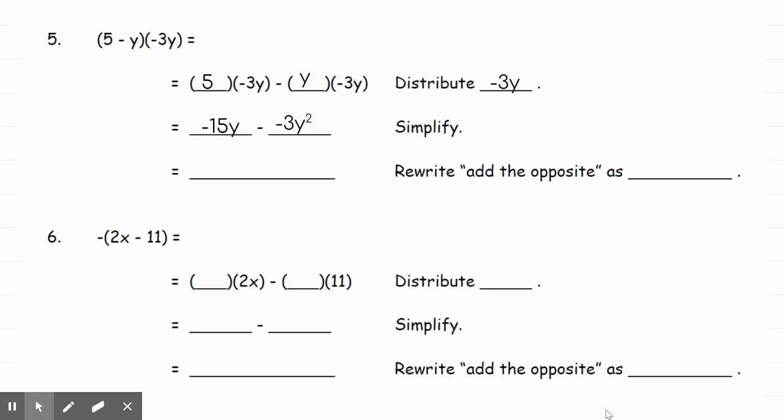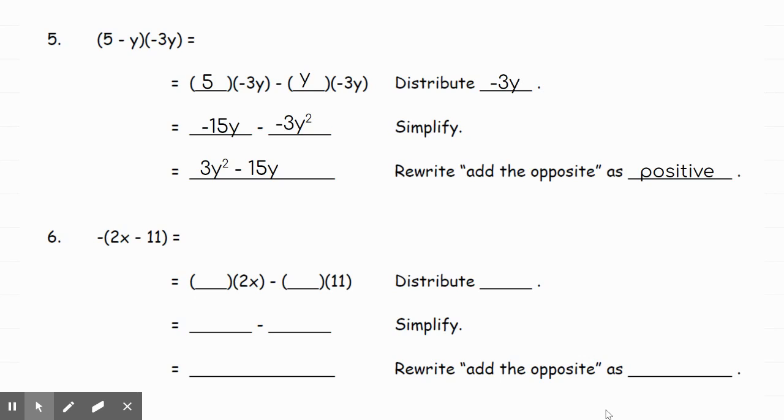If you remember from last week, we want our highest exponent to be written first, and it's minus a negative. We don't like seeing double signs, so when you subtract a negative, that becomes a positive. Okay, so we're going to rewrite this as positive 3y to the second, and it's -15y, so that negative travels with it, and it becomes minus 15y.